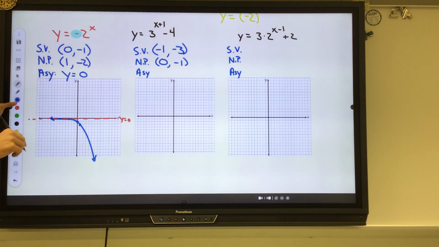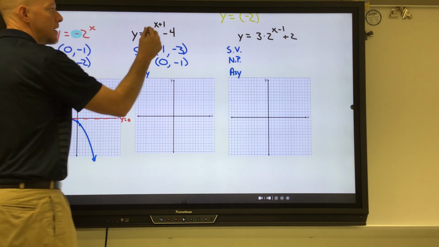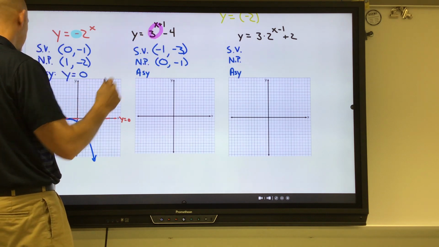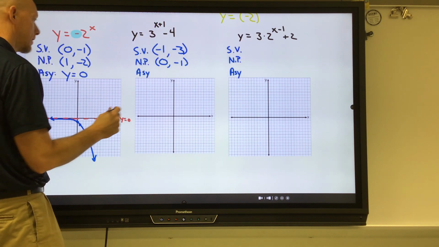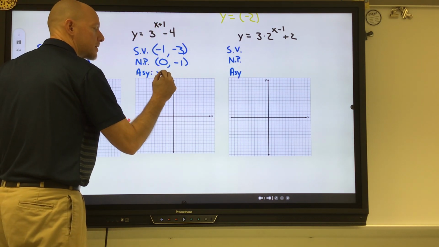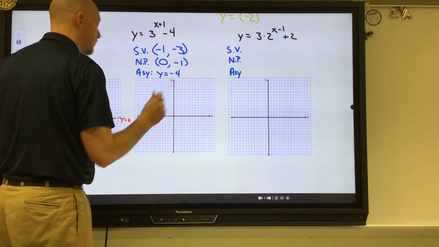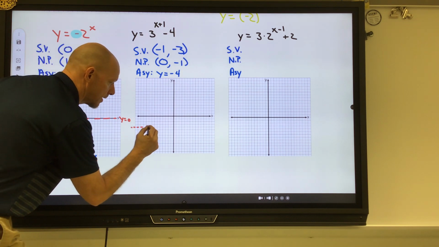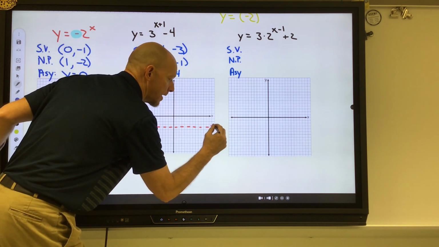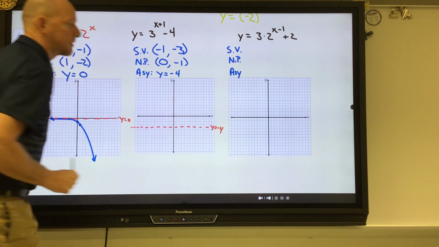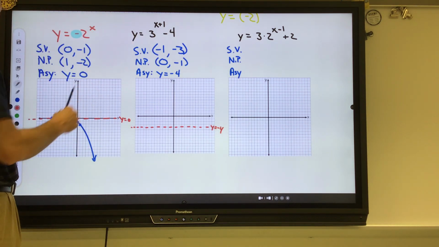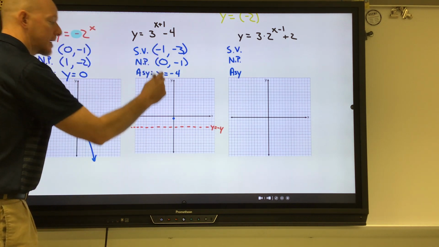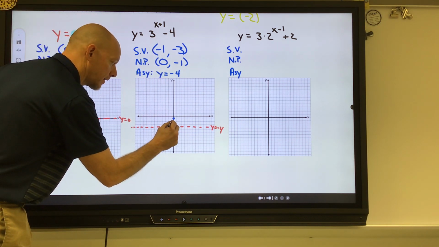Now my asymptote in this case, I have to envision the exponential goes to 0. 0 minus 4 is -4. So my asymptote's at y equals -4. I'm going to start off by graphing my y equals -4 asymptote. I plot my other points, (0, -1) and (-1, -3).